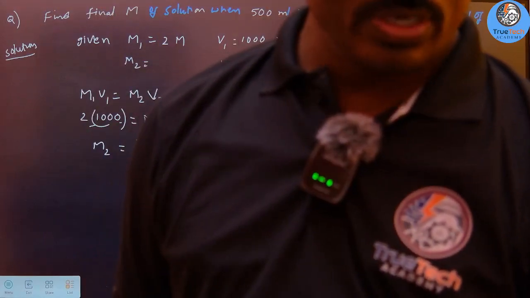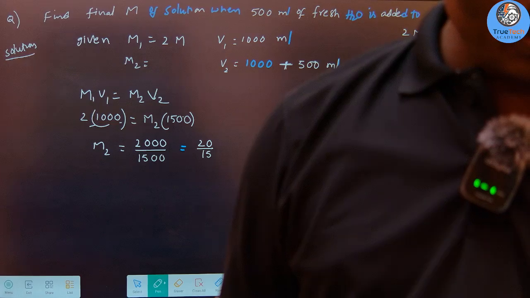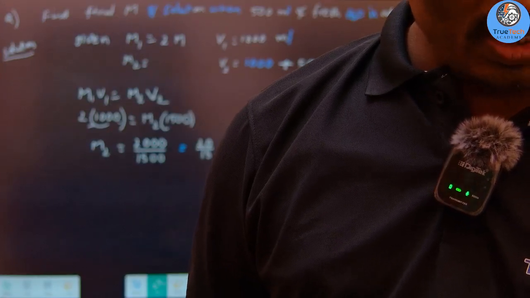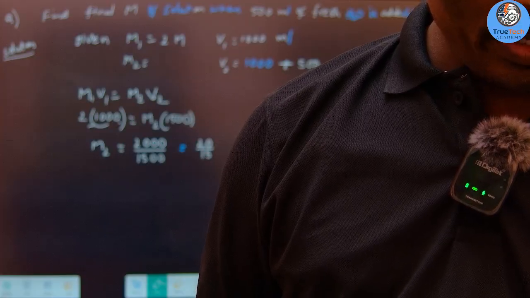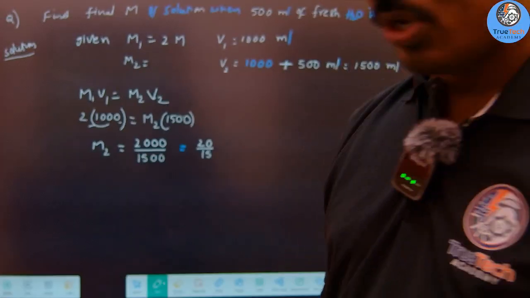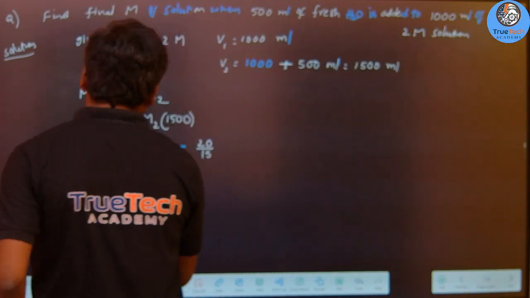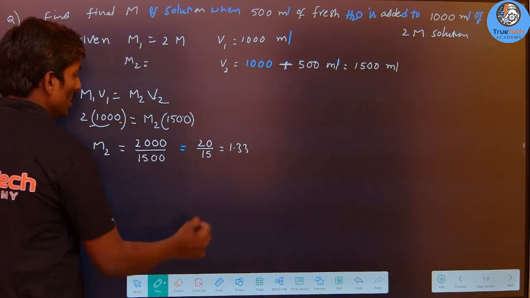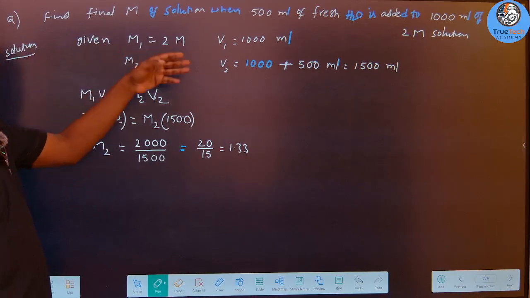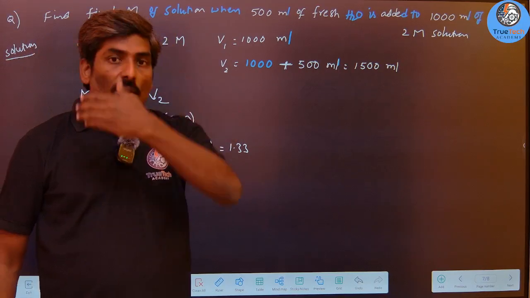On doing the calculation of 20 by 15, you get 1.33. This is the final molarity of the solution. So this is how to calculate the final molarity of the solution.